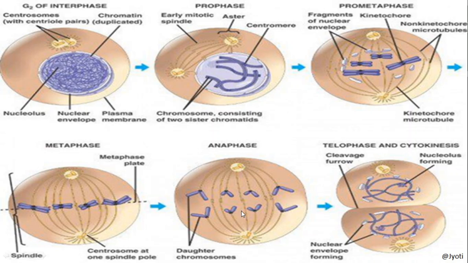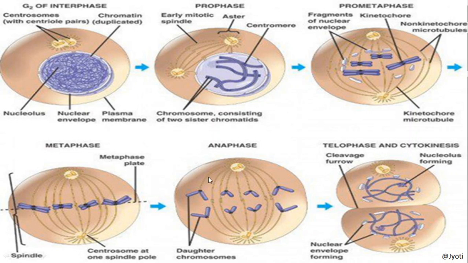This is anaphase. In metaphase, the chromosomes were aligned at the metaphase plate, or the equator, and each chromosome consists of two chromatids. Now what happens? The centromere splits. As a result, the two chromatids separate, and now each chromatid has its own identity and is known as a daughter chromosome.